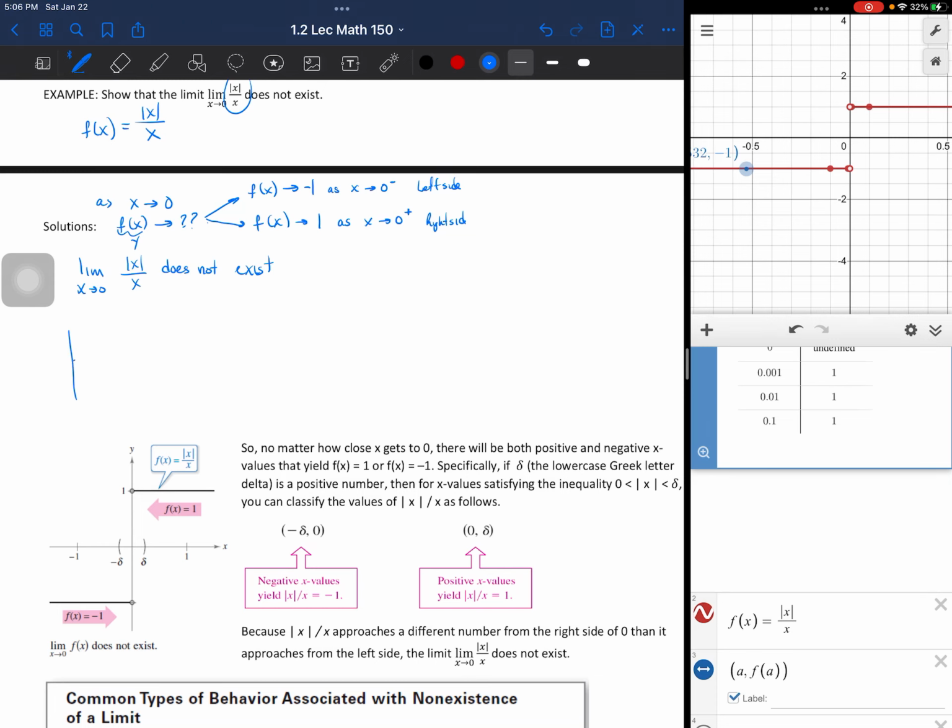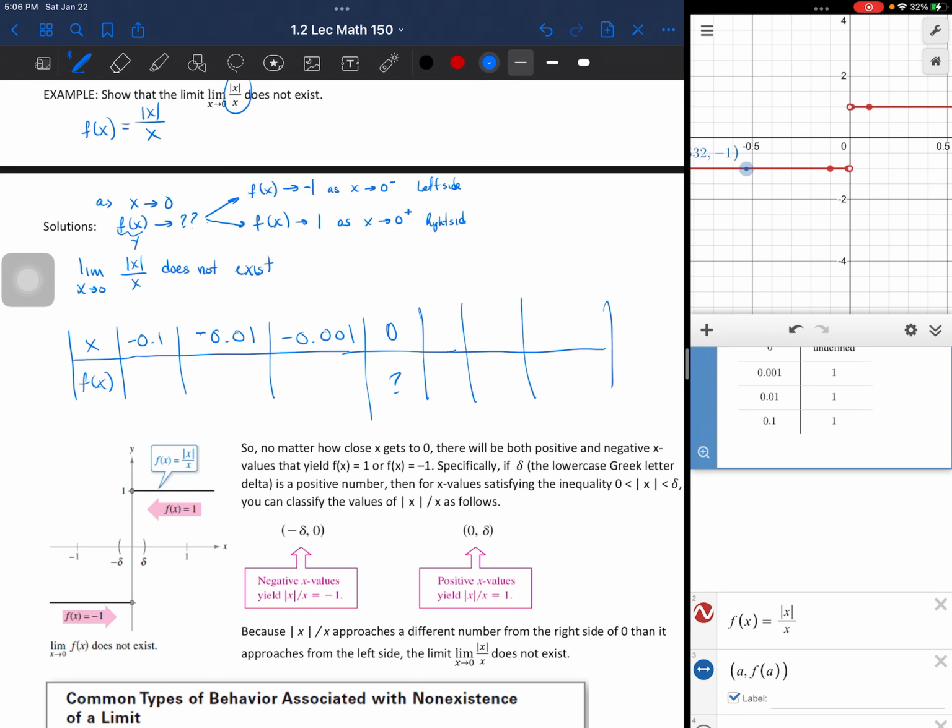So you're going to create that table. You're going to say x and f of x. You're going to plug in -0.1, -0.01, -0.001, and then 0, and then the same thing, 0.1, 0.01, 0.001.